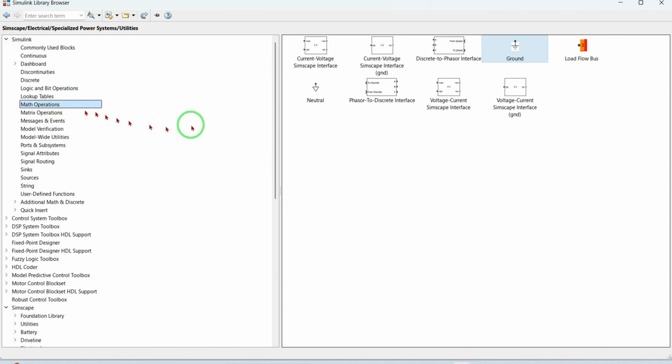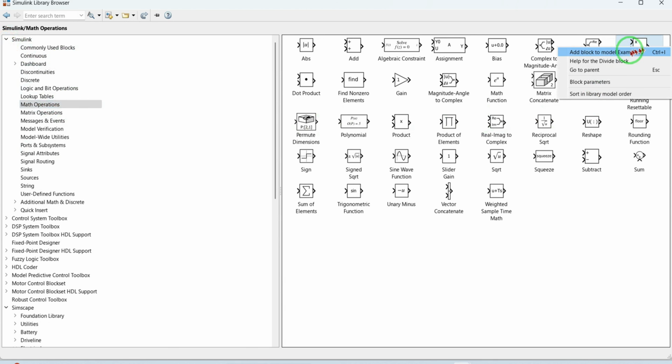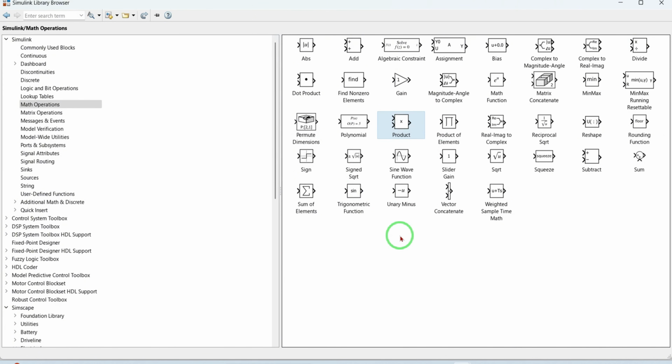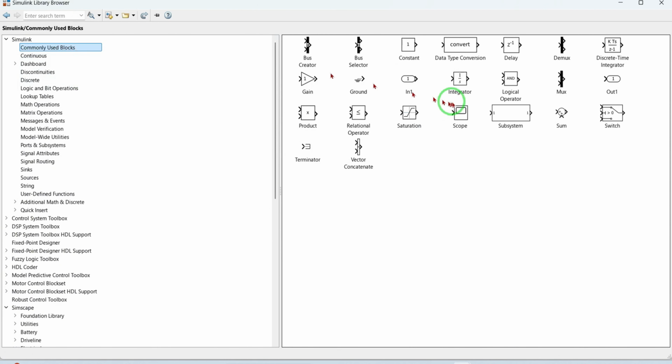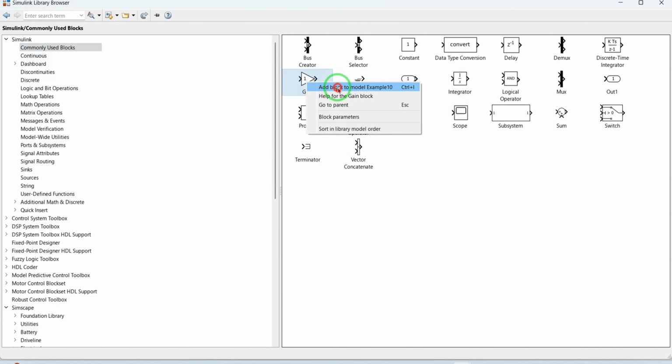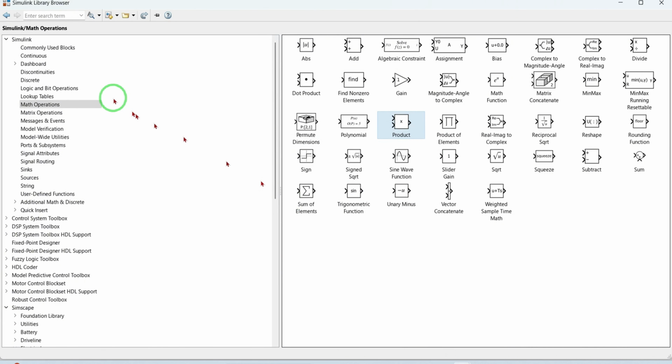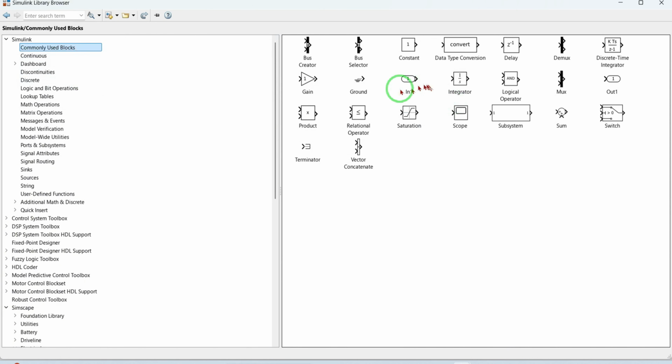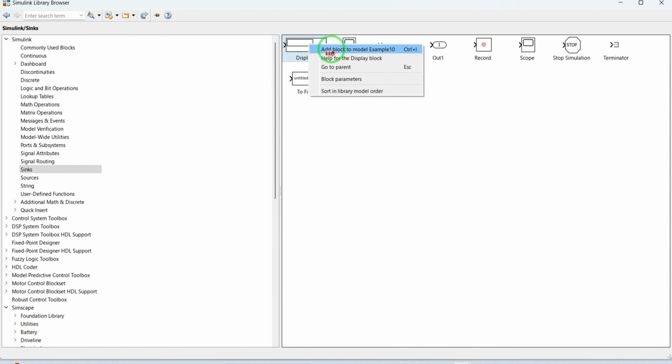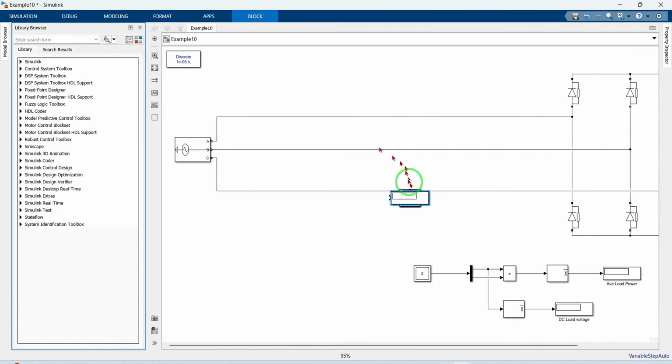From the Math Operations section, add a divide block and two product blocks. From commonly used blocks, add two gain blocks. From sinks, add a few display blocks. Let's arrange the blocks.